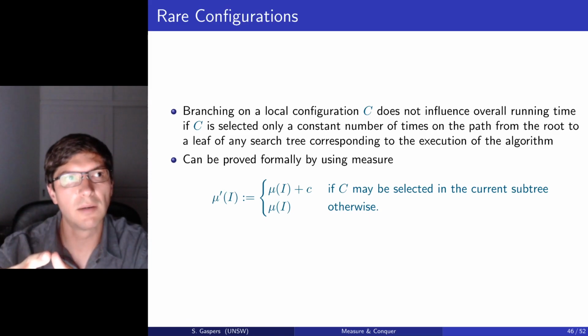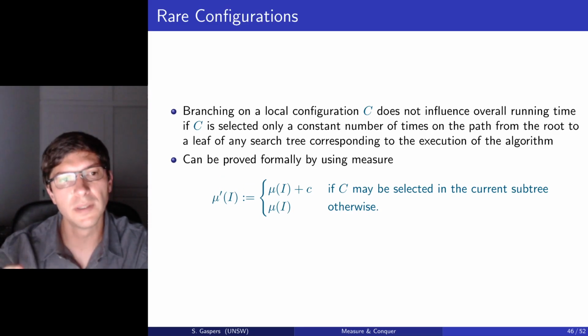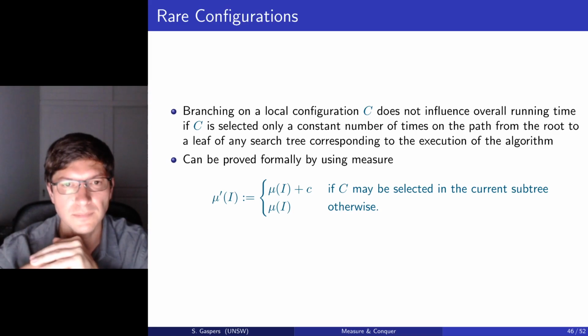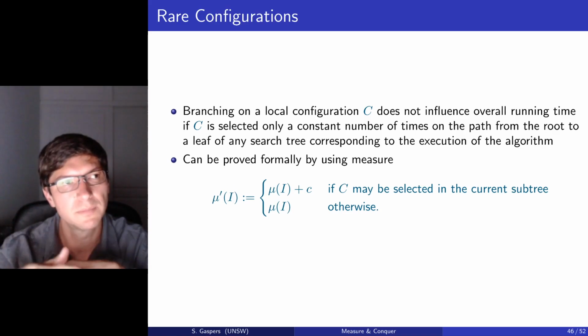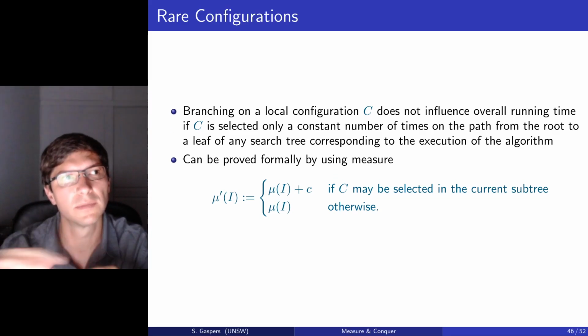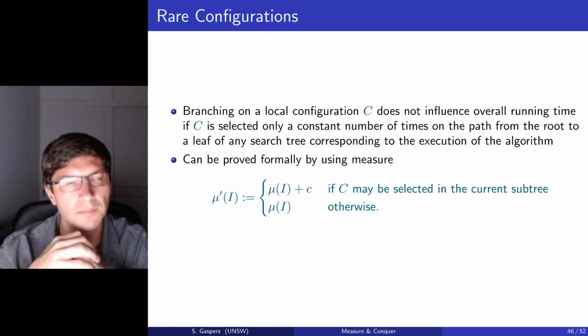Okay, so our graph could be 5 regular. So it could be that every vertex in the graph has degree 5. This is possible. So what do we do then? So we branch, we delete this vertex, or we delete the vertex and its neighbors. But now what happens?